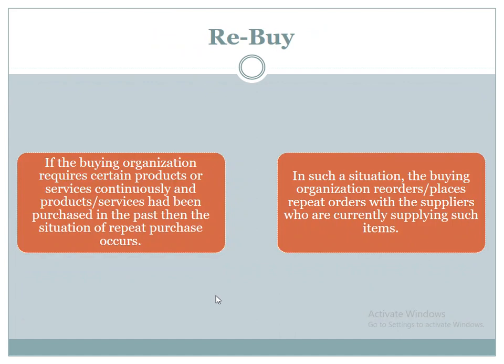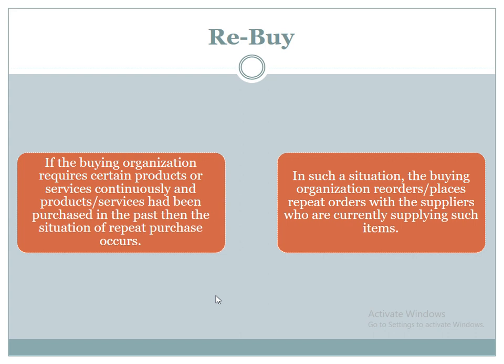Now, the third buying situation type is rebuy. Here, if the buying organization requires certain products or services continuously, and the products or services had been purchased in the past, then the situation of repeat purchase occurs. In such a situation, the buying organization places repeat orders with the suppliers who are currently supplying such items.